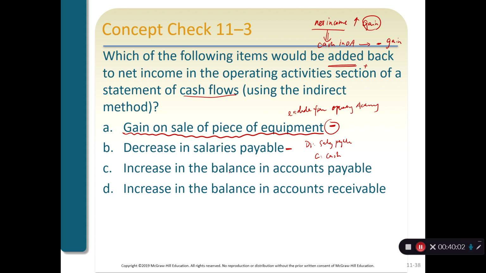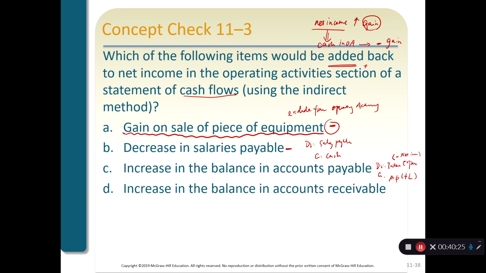C, increasing balance in accounts payable. So basically we debit interest expenses, let's say, and credit accounts payable, right? So interest expenses reduces net income, and then this adds liability.